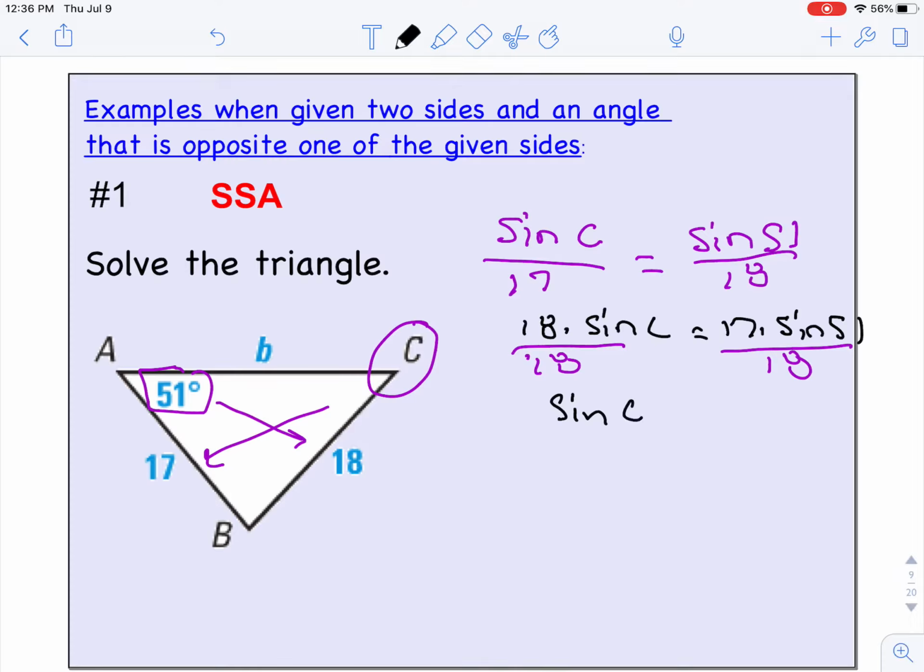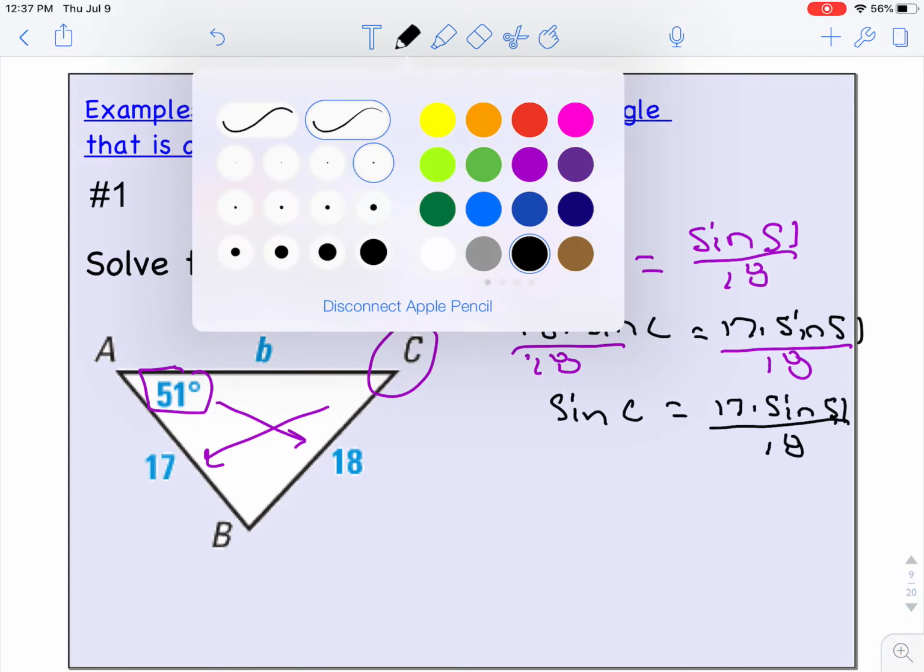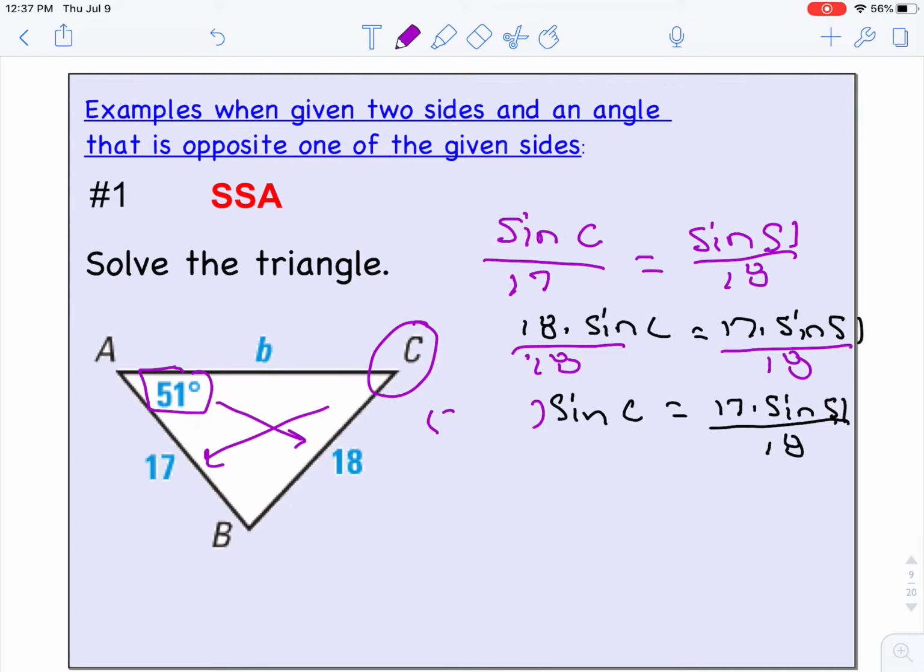So now we have the sine of angle C, some angle, equals 17 times the sine of 51 divided by 18. We could get a decimal for it, and we're looking for what angle equals that ratio. So how we solve this is we take the inverse sine of each side.